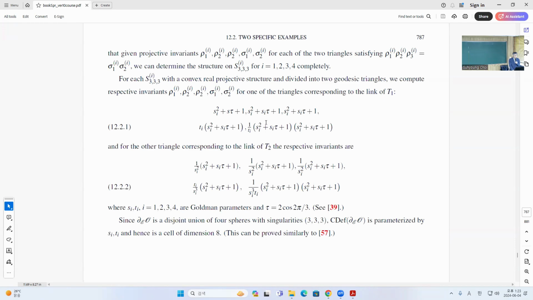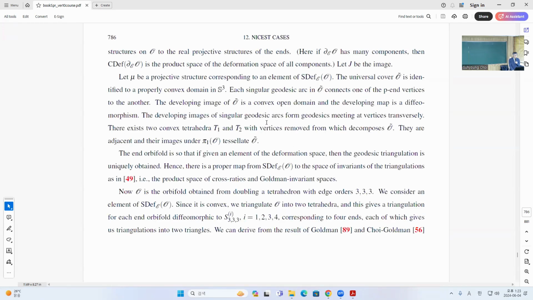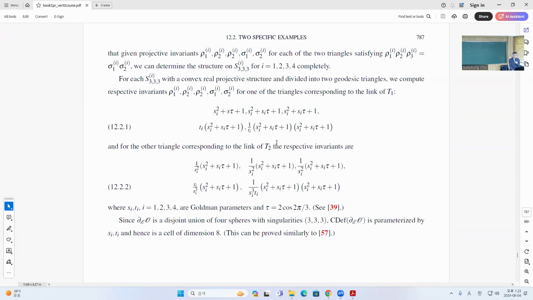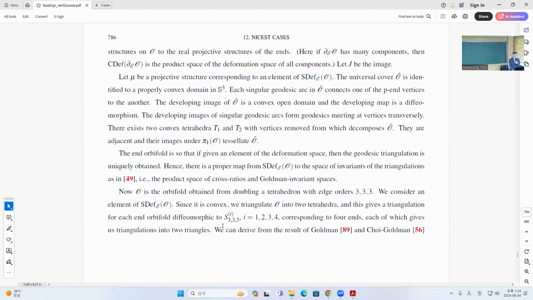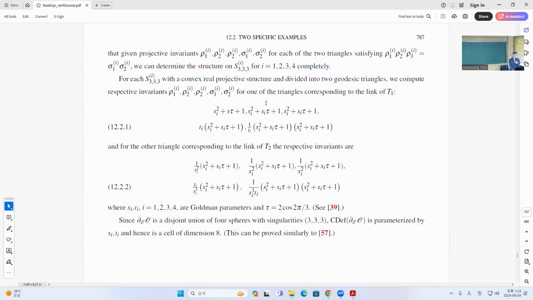So then you can compute these invariants. The solution space is given by S_i and T_i, corresponding to each of these triangles, where i is 1 to 4. S_i and T_i are the parameters of the deformation space of these spheres.